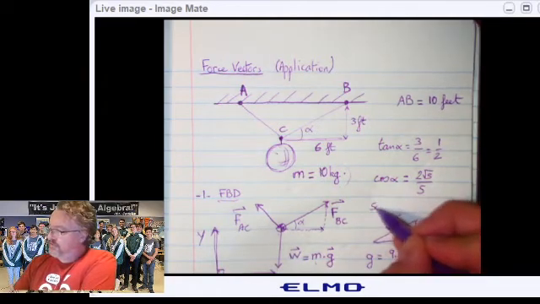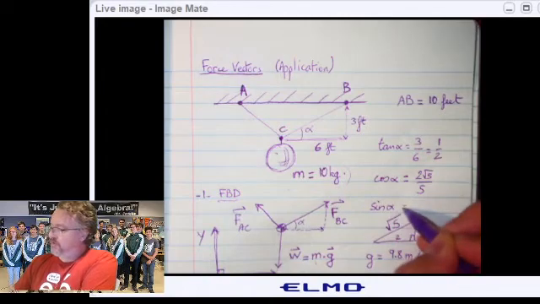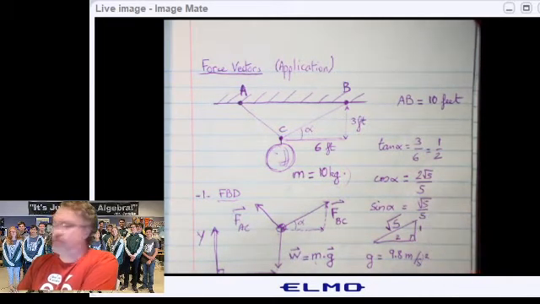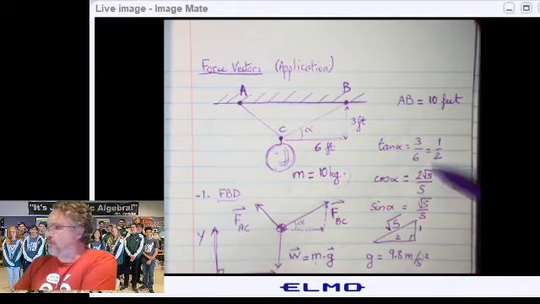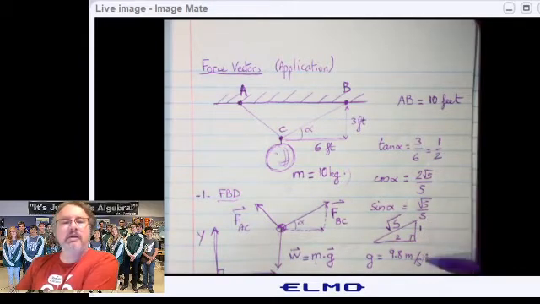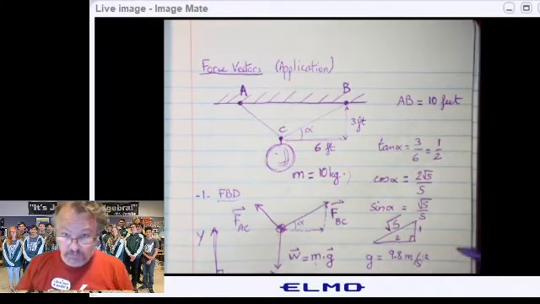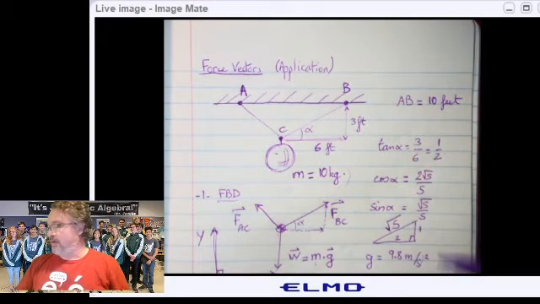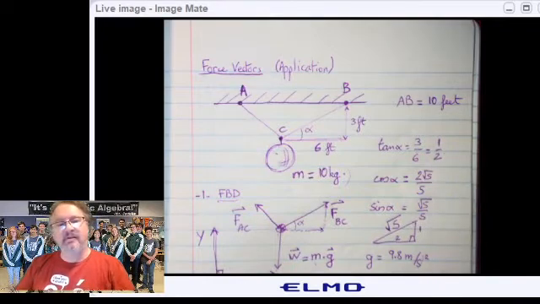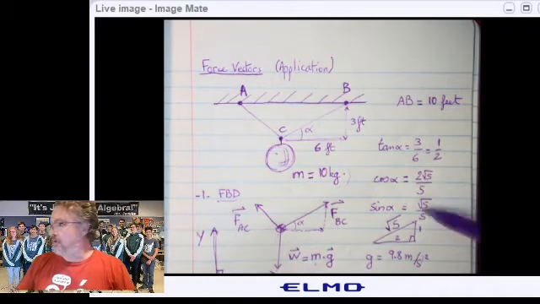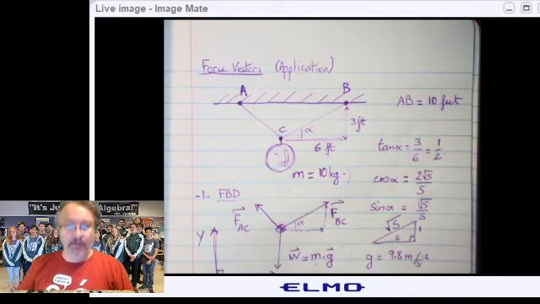And the sine of the angle alpha is going to be 1 over root 5, which is root 5 over 5. Why do I want these values instead of decimals? I could use decimal values, but I'd rather work with these, and at the end when I have a final numerical calculation, use those values on my calculator.